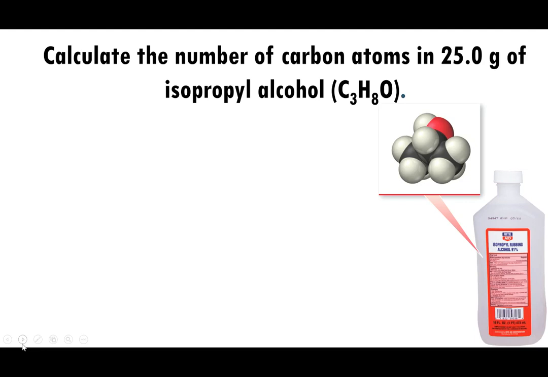All right. So first thing I'm going to do is just kind of map out my thought process here. So calculate the number of carbon atoms in 25 grams of this isopropyl alcohol. So I'm in grams of isopropyl. I need to go to moles. So anytime you're in grams, your first instinct should probably be to go to moles.